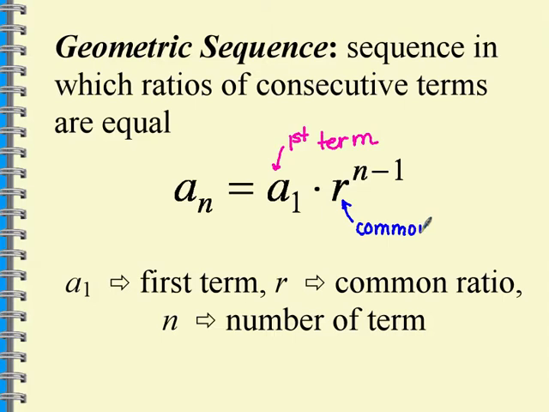Remember, we already said that r stands for that. And n is just whatever term you're trying to find. So if you're trying to find the 10th term, n would be 10. If you're trying to find the 100th term, n would be 100. You need to get this down, especially for the next few problems we're going to be looking at. Once again, you can use your book as well. It's got a nice little excerpt there for you to look at.